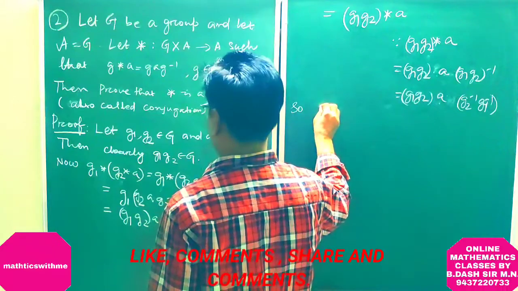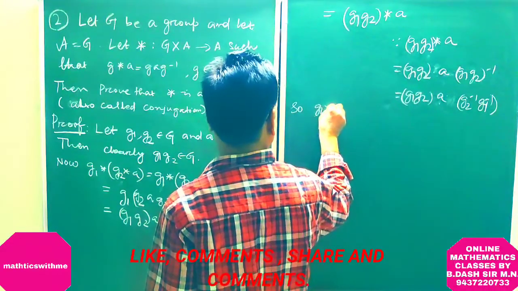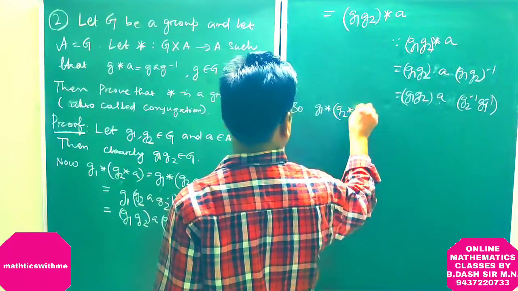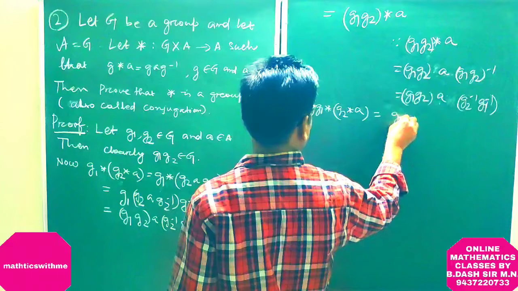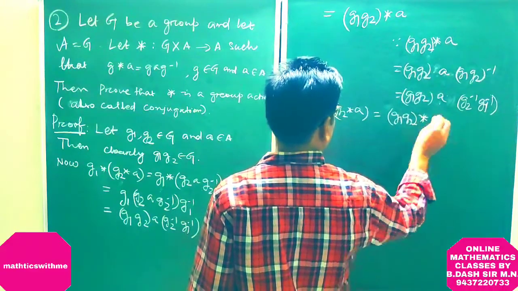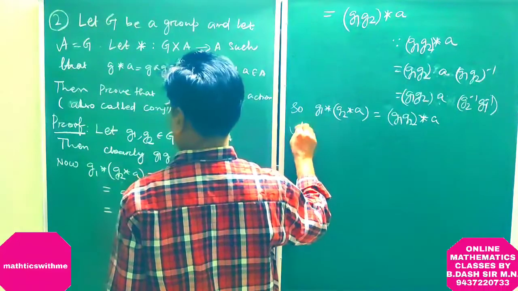So g1 star (g2 star a) is equal to (g1 g2) star a.